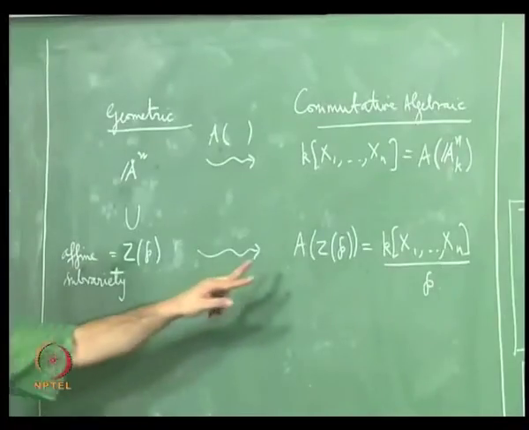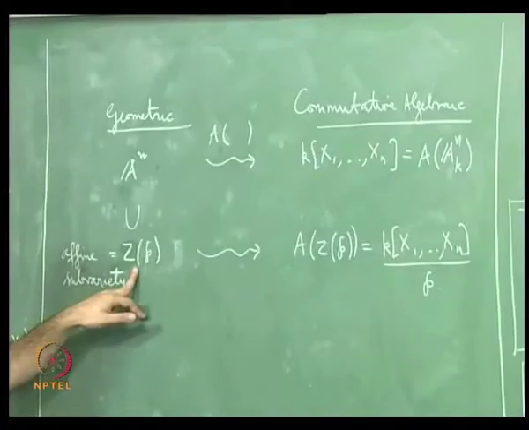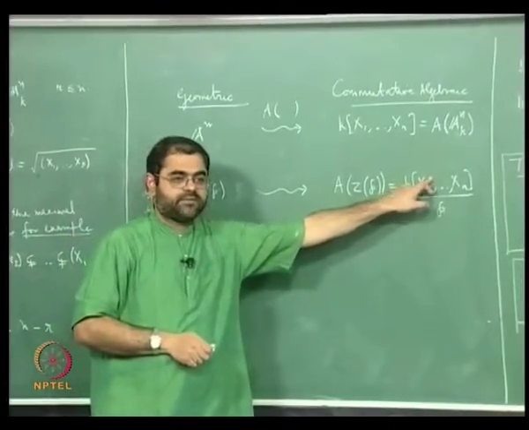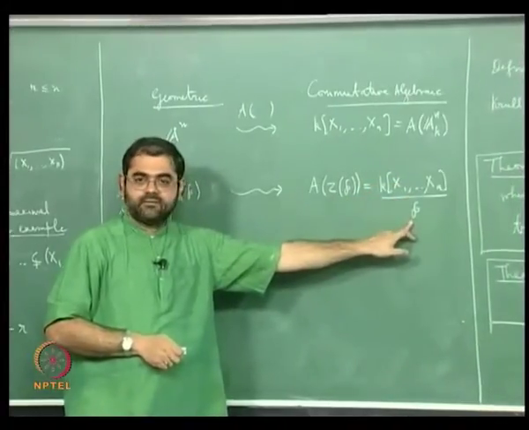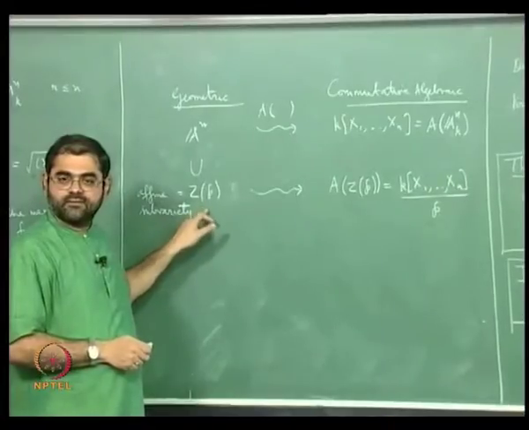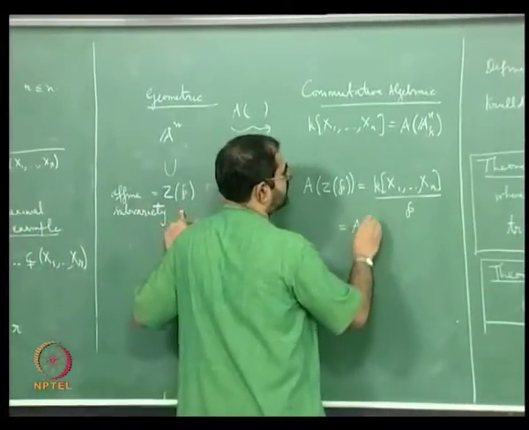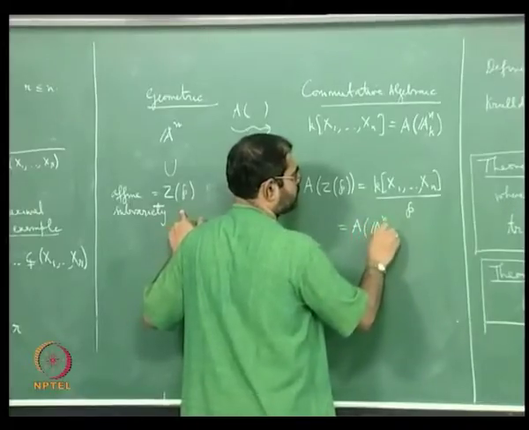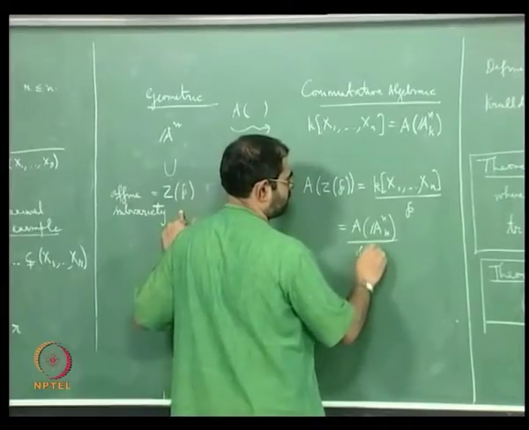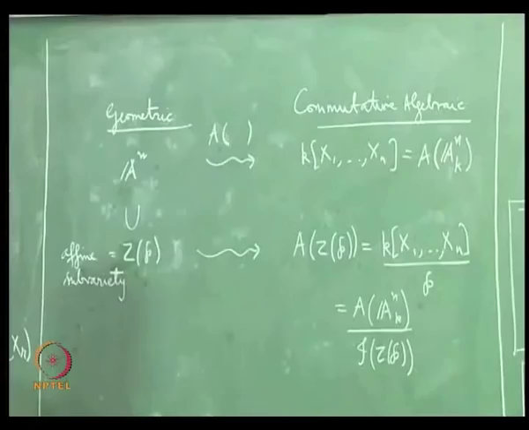The ring of functions on an affine variety is just the quotient of the ring of functions on the ambient space modulo the prime ideal whose zeros define that particular irreducible closed subset. So this can also be written as a of an by I of z of p, if you want, okay.